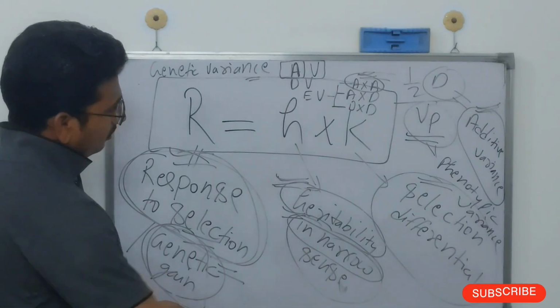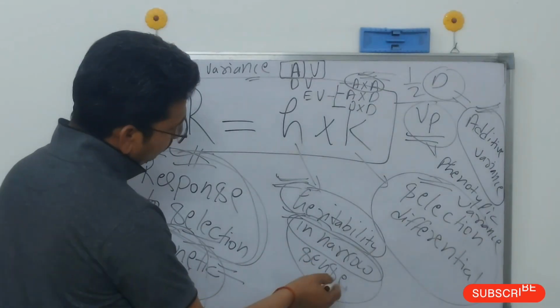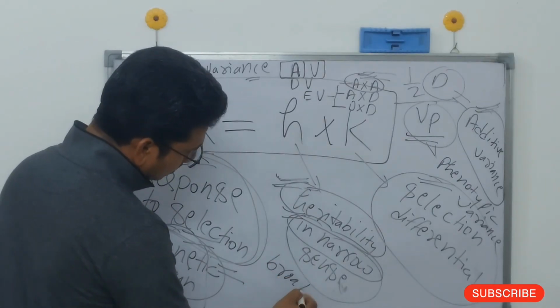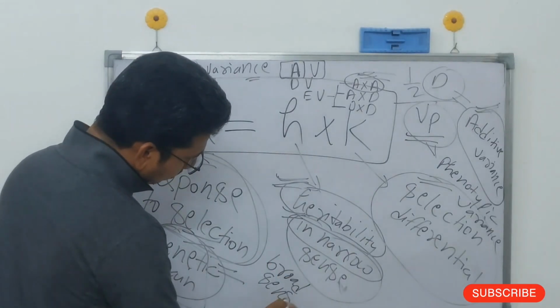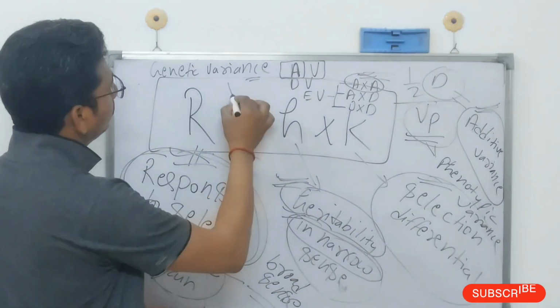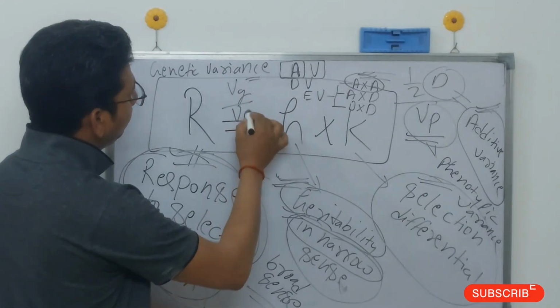Okay, so if we talk about heritability in broad sense, the heritability in broad sense is equal to Vg upon Vp.